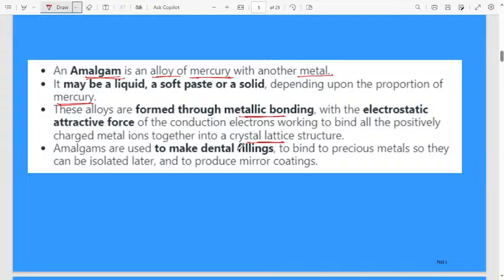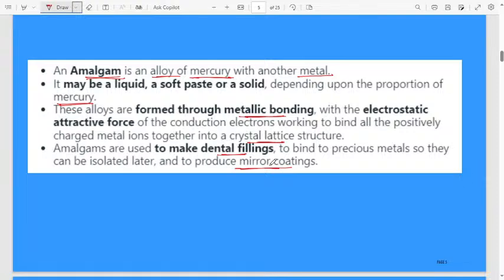Amalgams are used to make dental fillings, to bind to precious metals so they can be isolated later, and to produce mirror coatings. Where do we use the amalgam? We use amalgam for dental filling.